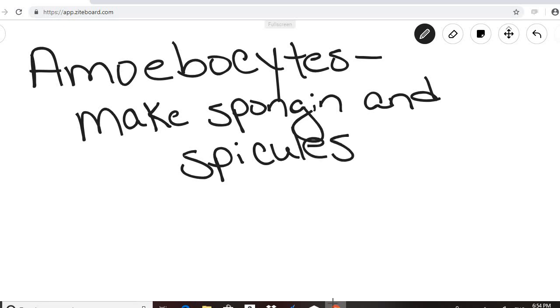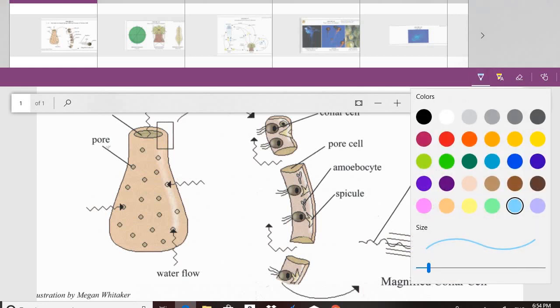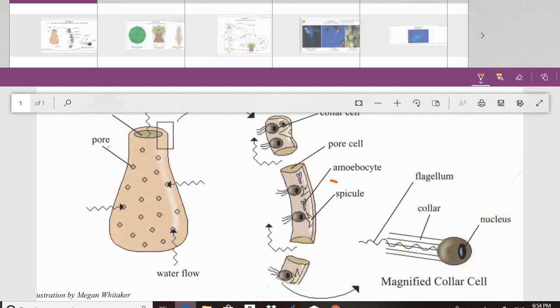Okay, so if we go back to that figure that we were looking at before, here we're showing an amoebocyte. This is a specialized type of cell within a sponge that produces the spicules.